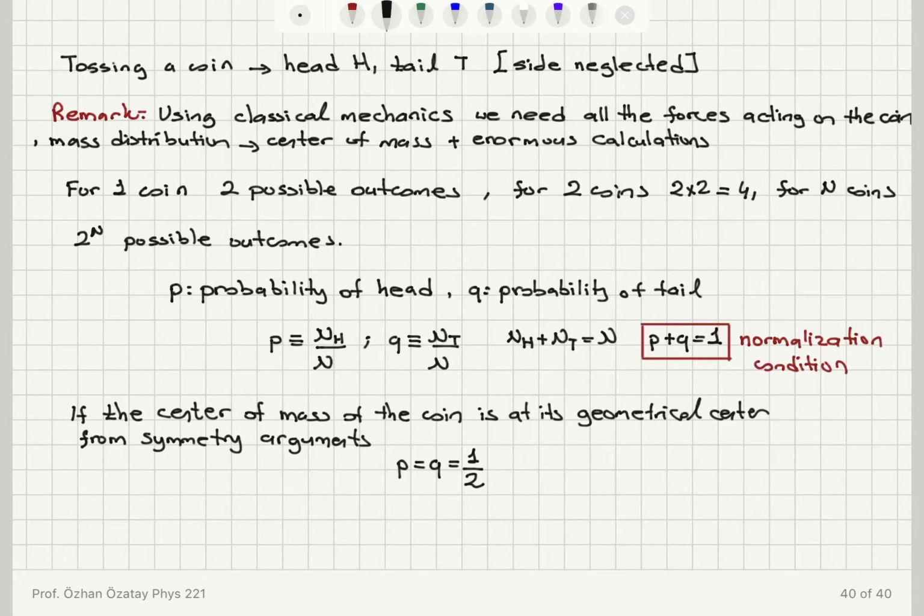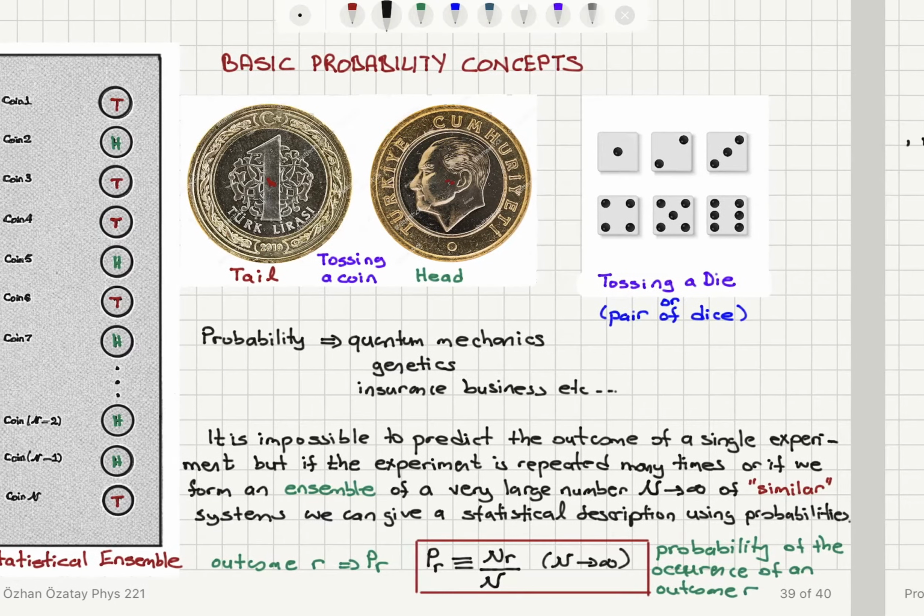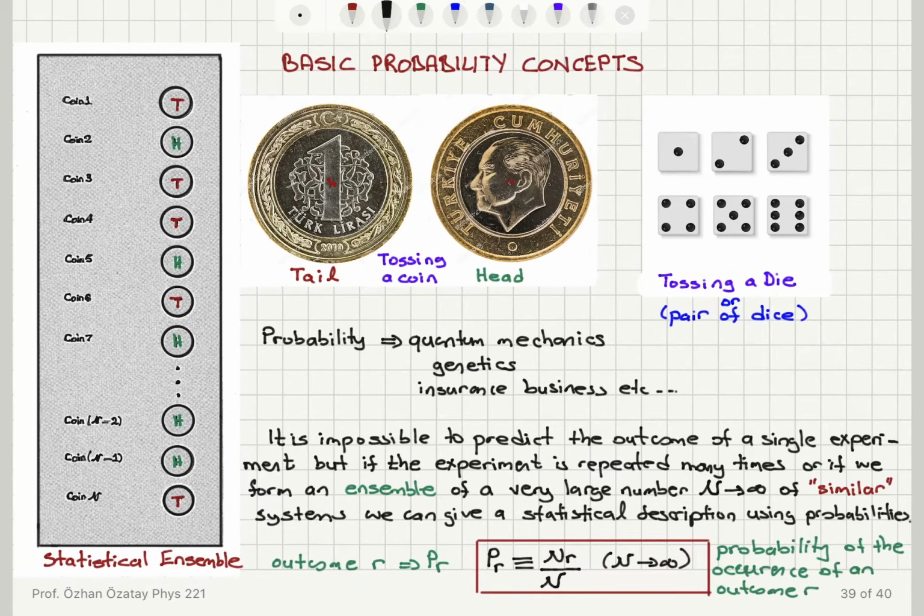Okay, now in the case of tossing a die, for example, we have a die. We have 6 possible outcomes. So if I toss a pair of dice, it's going to be 6 to the power 2 outcomes.